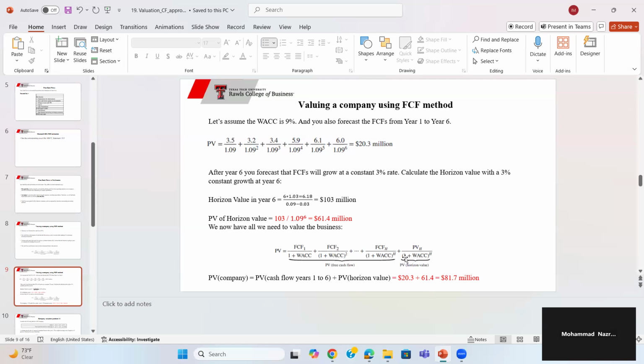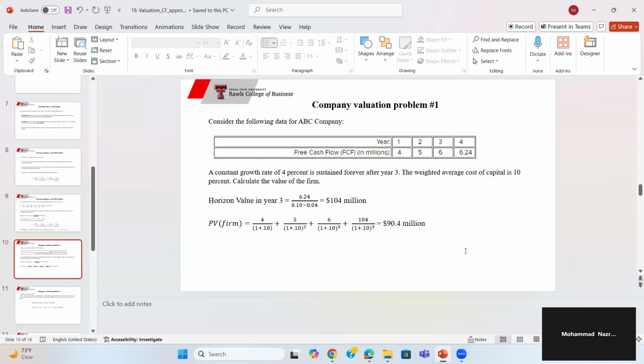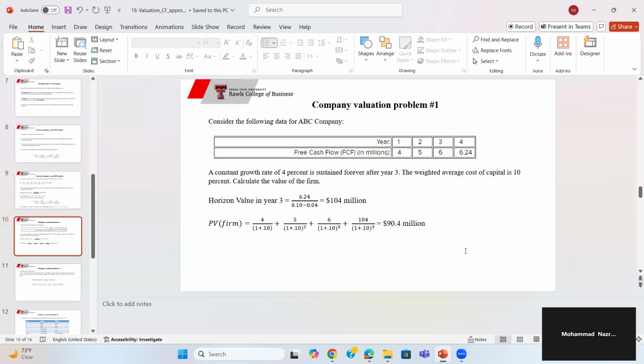Just remember the last part is critical when you calculate the horizon value. You take the present value of the free cash flow for that year, and you also discount your horizon value for that year.